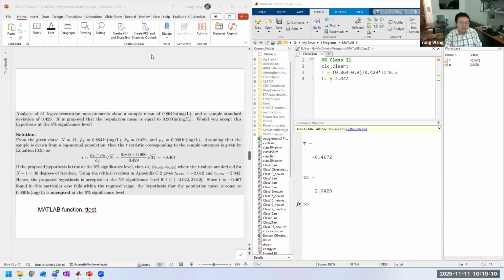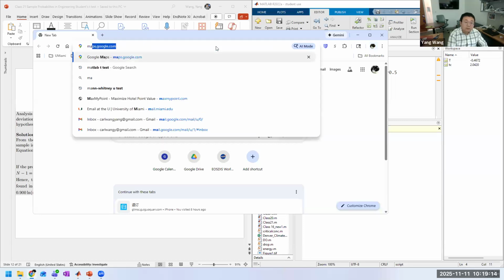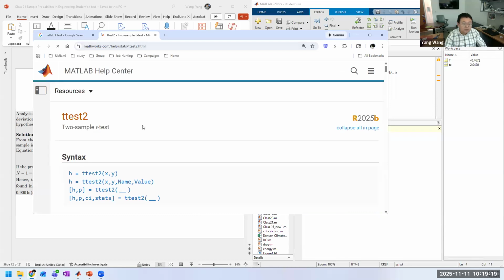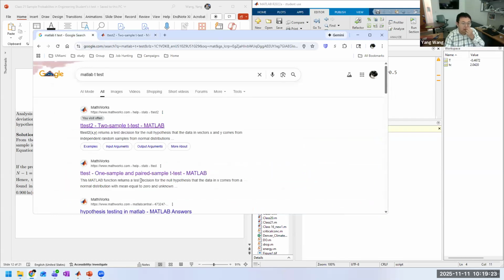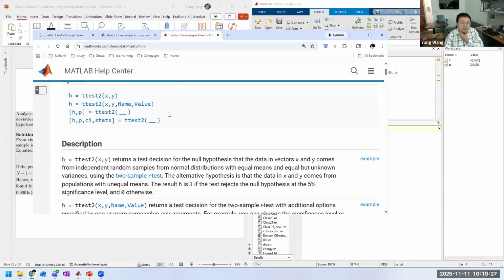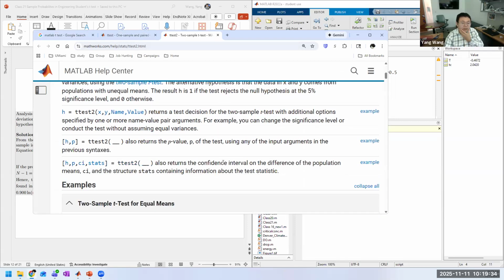For example, this is the MATLAB ttest. This is the ttest function or ttest2 function, so this is one sample and paired and two sample paired.